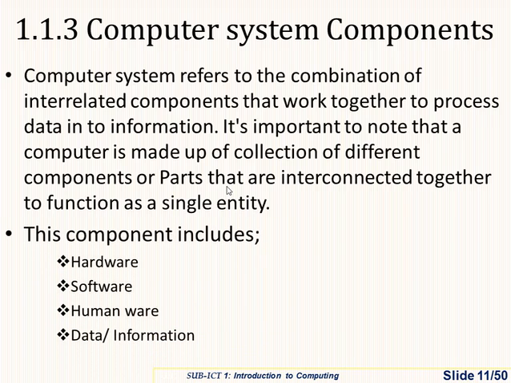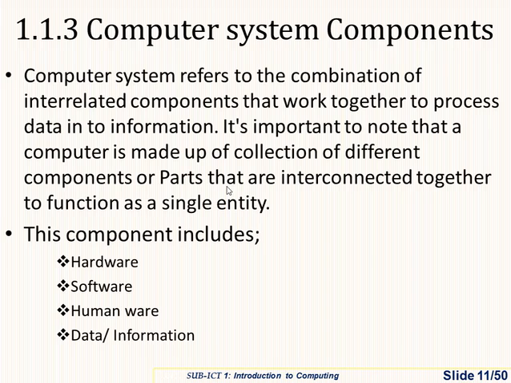Some of those components, we have 4. We have the computer hardware, the computer software, humanware or users like you, and data or information. You must have all 4 in order to come up with the information.